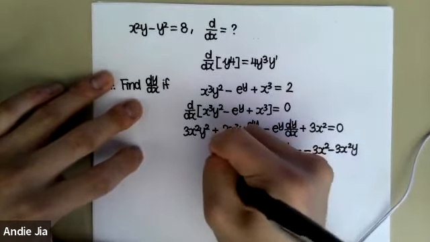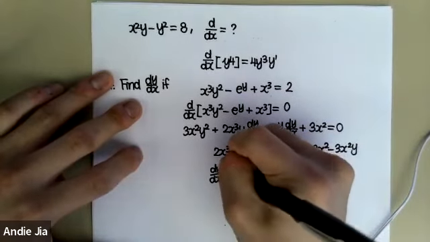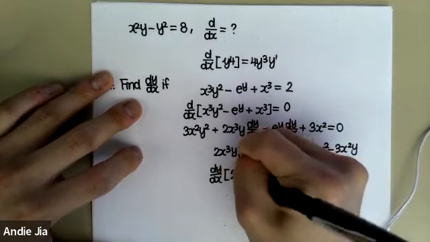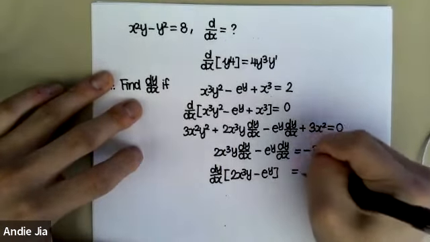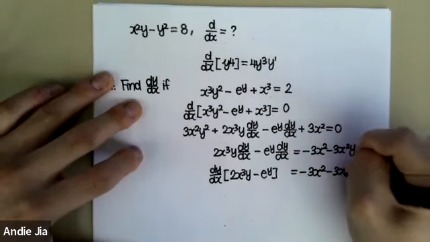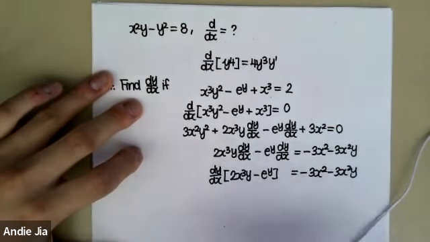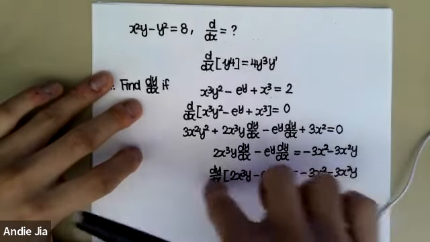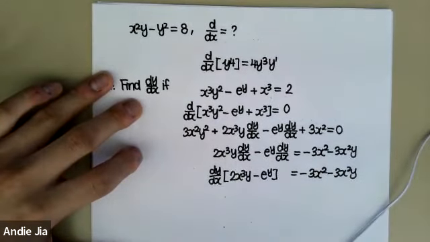So you put them as dy/dx times (2x cubed y minus e to the y) equal to negative 3x squared minus 3x squared y. And then dy/dx, just move this to the bottom. That is your expression.